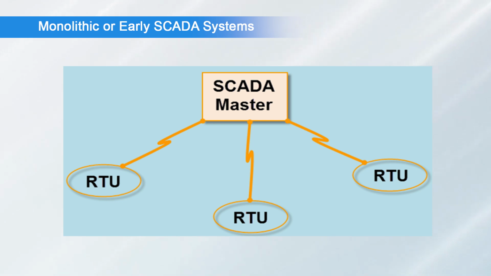Hence, these monolithic or early SCADA systems are independent systems without any connectivity to other devices. As you can clearly see in the diagram, the monolithic SCADA architecture consists of a single SCADA system communicating with the various RTUs or remote terminal units.